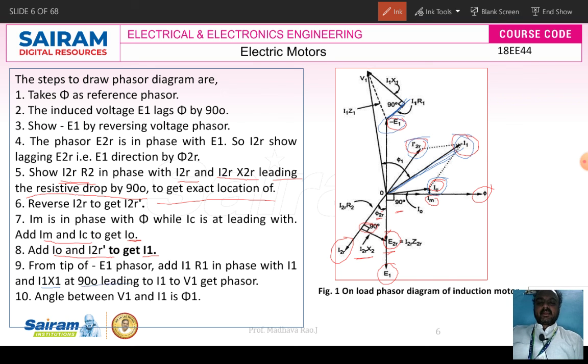So to get V1 we need to add minus E1, I1 R1 and I1 X1, and we will get the supply voltage to the stator. The angle between V1 and I1 is phi, here.